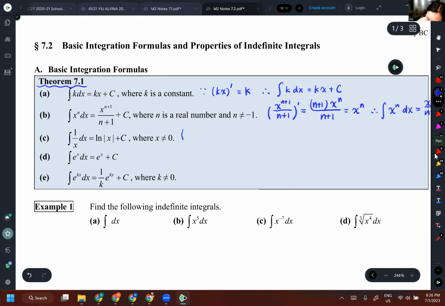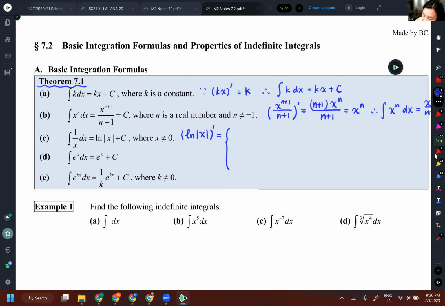Because to differentiate this function, I cannot just differentiate because I don't know the formula of this. I will divide this into two pieces. Now it's called a piecewise function. Sometimes it's equal to this, sometimes it's equal to this.